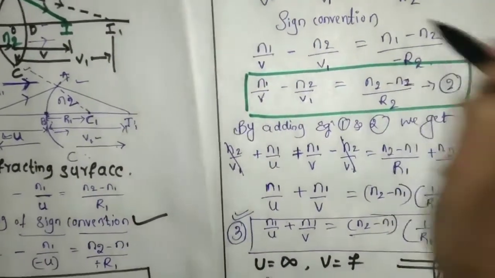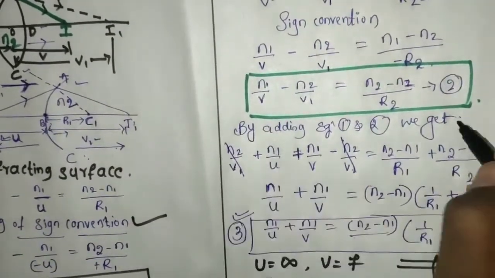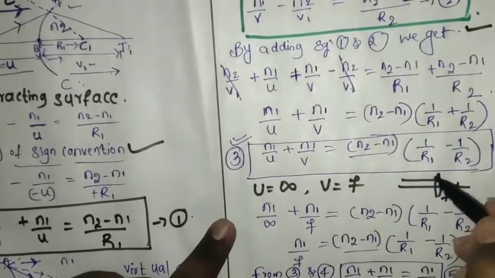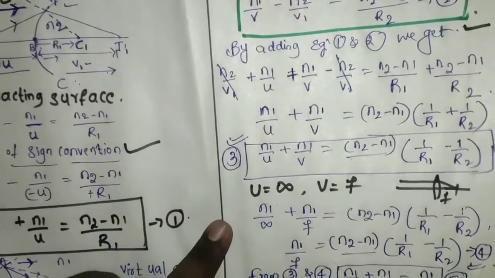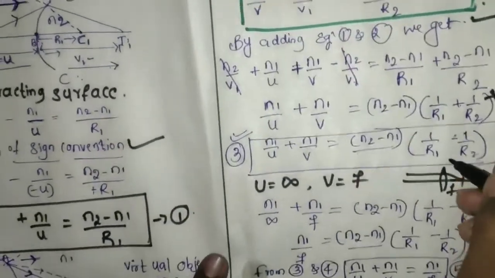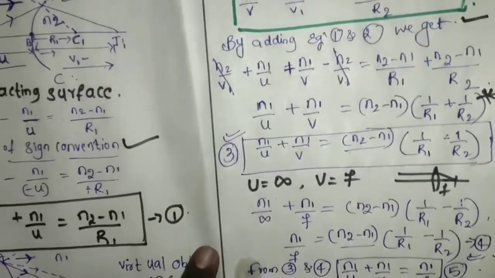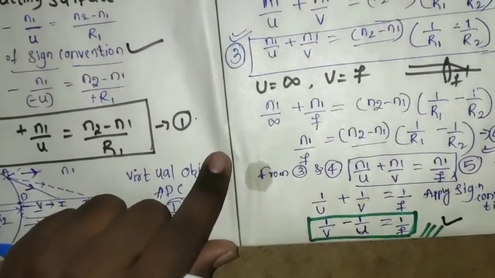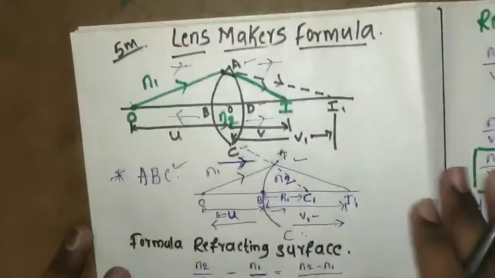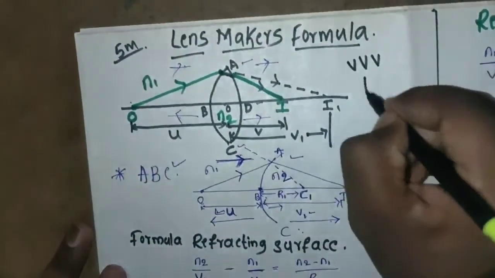Next, adding equation 1 and 2 is an important step, along with cancellation and applying the sign convention. Here also I applied a sign convention, otherwise you can write directly 1 by r1 plus 1 by r2, it is also the same. See here the final equation, that is 1 by v minus 1 by u equals to 1 by f. This is the Lensmaker's formula, which is very important.